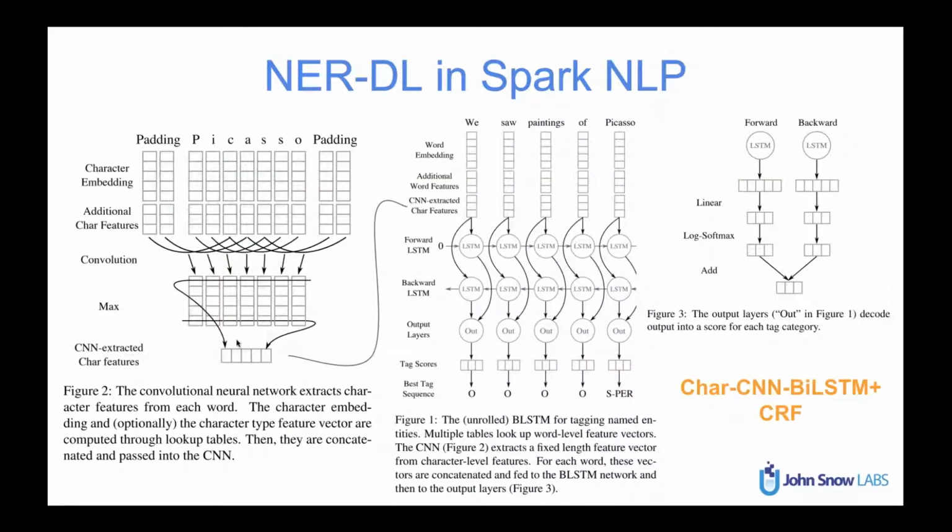And then we create the char features through CNN, and then we feed it into our main framework: the word embeddings, part of speech, the case features, and the char features, and then we feed them into the LSTM framework.